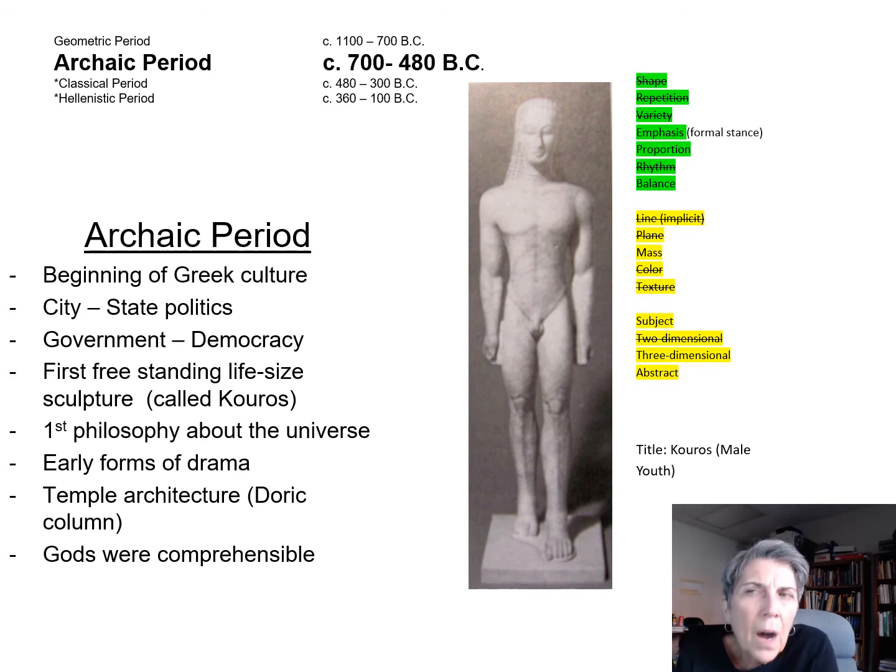You can always find an example of some of these terms, but the words that we use are those terms that are emphasized. For example, that does have color, but see, I struck it out. It does have color, but it's just the color of the stone. Color is not used in the way it is in modern or contemporary art to express an idea. Color is just the material. There are other things that are most important. So color is there, but I'm not going to emphasize color because there are other things. So I just wanted to clarify that.